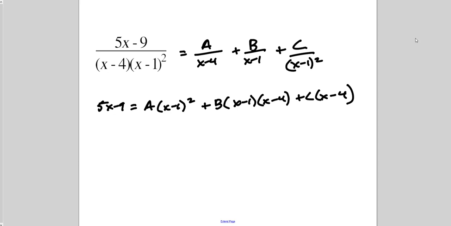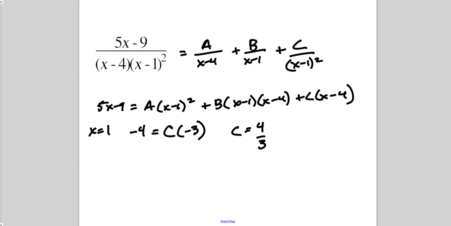So we use the same technique for the most part. First we plug in x equals 1, and on this side we get negative 4, and these two factors cancel out, and we end up with c times negative 3, and so c equals 4/3.